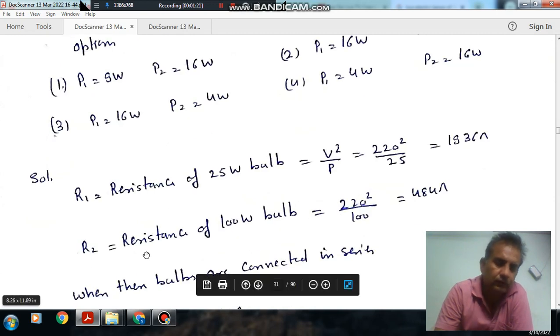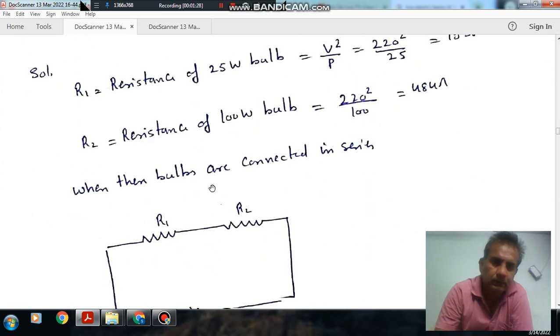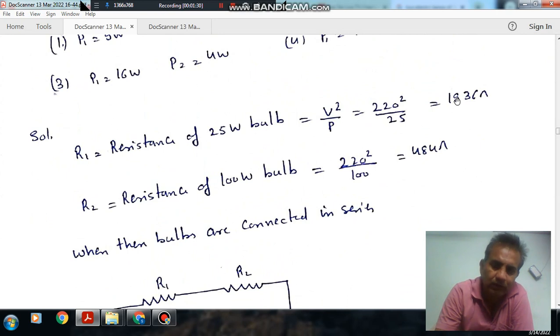Similarly, the resistance of the second bulb, that is the 100 watt bulb, is 220 square by 100, that is 484 ohm. Now these bulbs are connected in series, so they can be taken as resistances instead of bulbs.